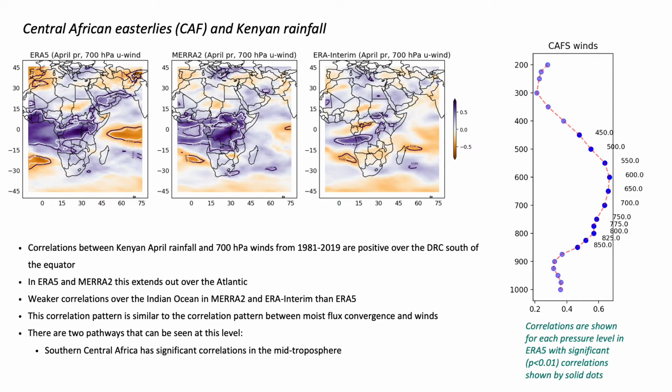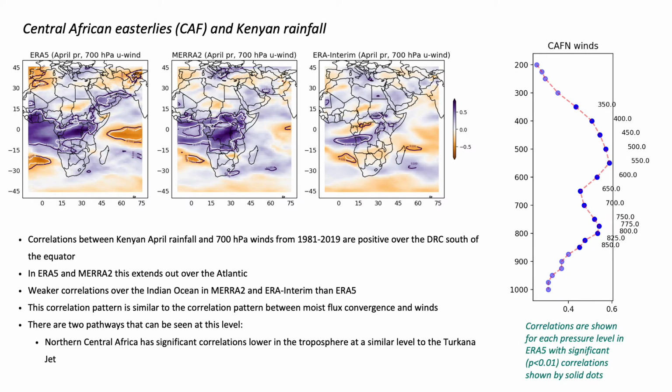And so looking at a profile of correlations between winds and Kenyan rainfall in the south of the equator in Central Africa, the correlations are highest in the mid-troposphere, whereas to the north of the equator, there's a significant chunk of correlations in the lower troposphere at a similar level to the Turkana jet, which is what Oscar is looking into. So we can think of these as two pathways of either moisture transport or divergent wind patterns.